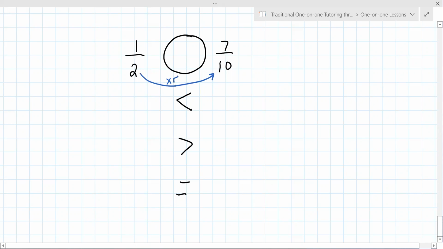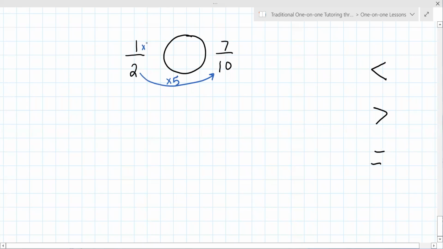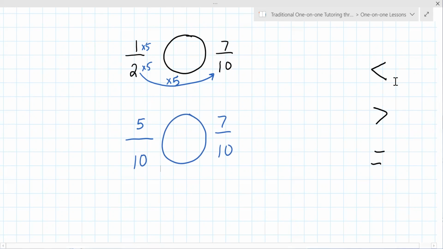Okay, so when you figure that number out, you multiply both the 1 and the 2 by 5. What is 1 times 5, Michael? 5. What is 2 times 5? 10. Okay. Now, which symbol goes in the center here? Is it the first one, the second one, or the third one? The first one. This one right here? Yes, that's correct.